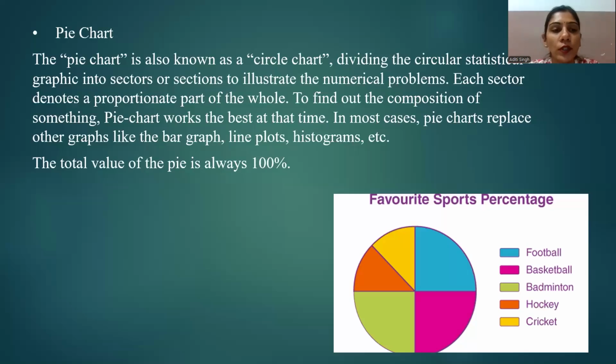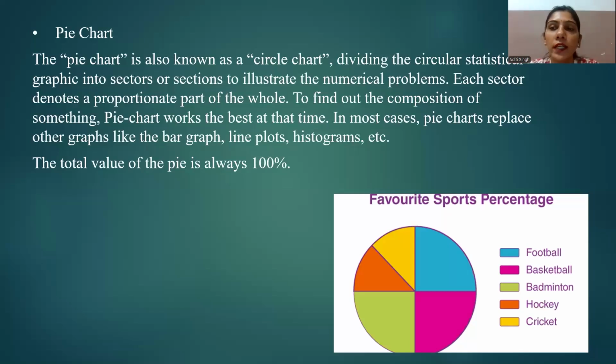The total value of a pie is always 100%. As you can see in this diagram, the whole circle is 100%, and the parts are divided in percentages which in total will be 100%. When we apply a formula, the pie chart is an important type of data representation.